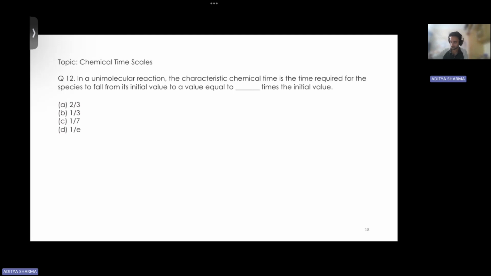Question is on time scale. It states that in a unimolecular reaction, the characteristic chemical time is the time required for the species to fall from its initial value to a value equal to dash times the initial value.